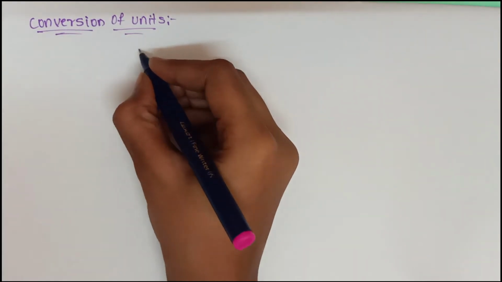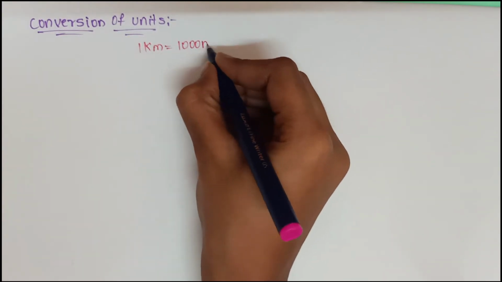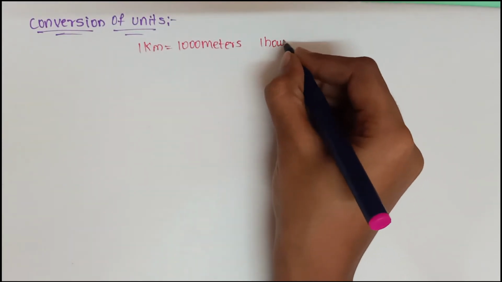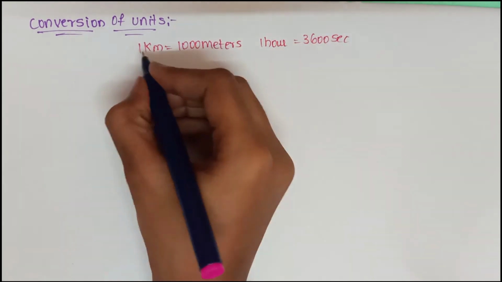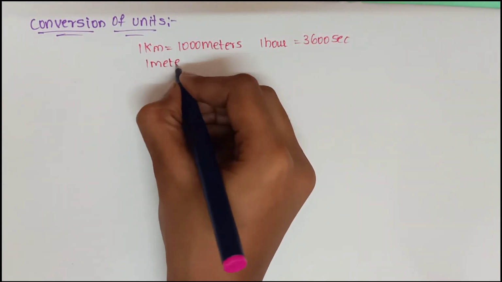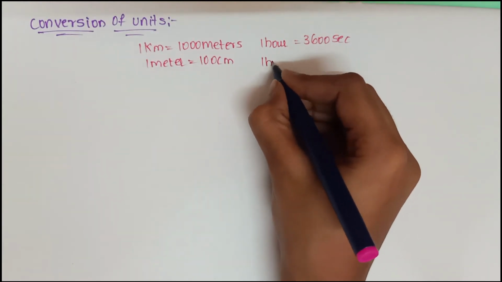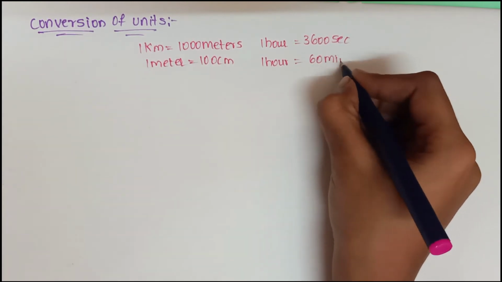Now conversion of units. Learn the basics. 1 kilometer is 1000 meters. 1 hour is 3600 seconds. 1 meter is 100 centimeters. 1 hour you can write in this form also, 60 minutes.